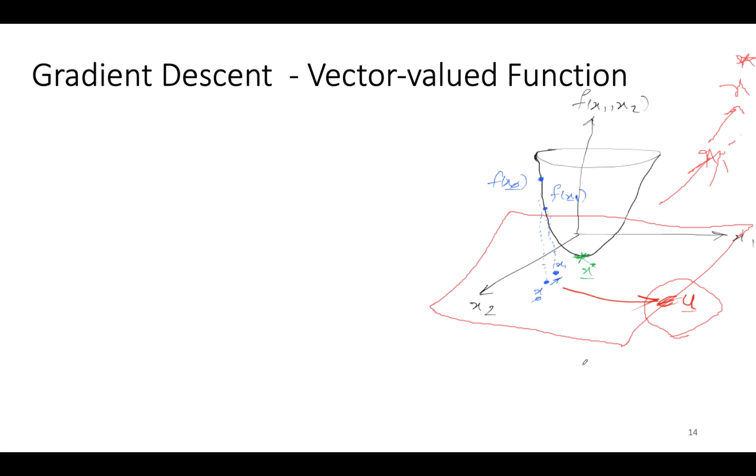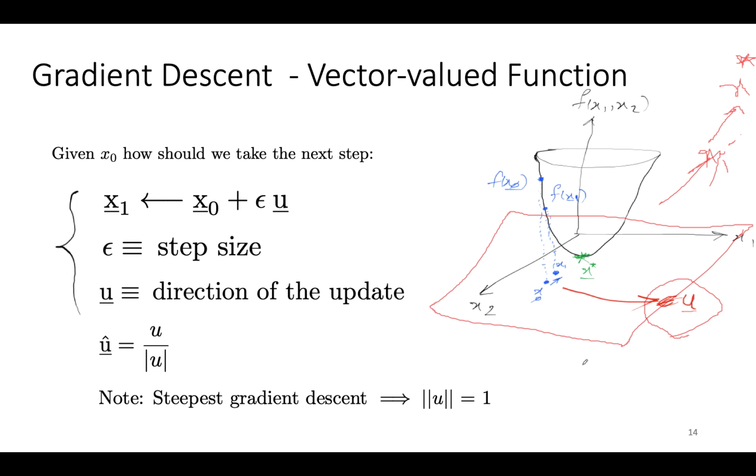How far I'm going to go in that direction? That's why you multiply epsilon by that. So epsilon u will give you both the size of the step and the direction of the step towards x star. So in general, given x0, the starting point, we need to take these steps. We need to update our x to x plus epsilon u, the vector u.